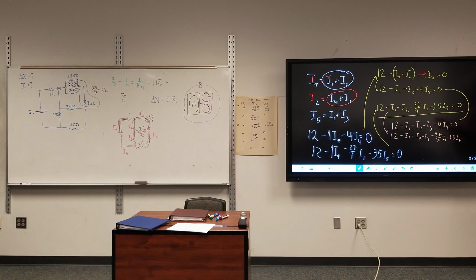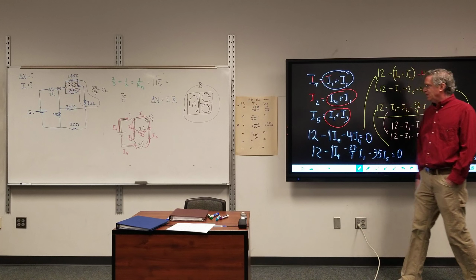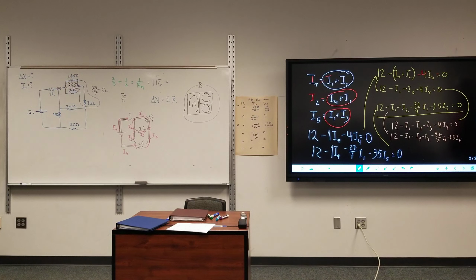But obviously, we got one more thing we can do. We can get rid of our I5s. Then we'll be on to... Let's see, IP, I2 we got rid of. Got 1, 4, 3, 5. I feel like we're missing an equation.